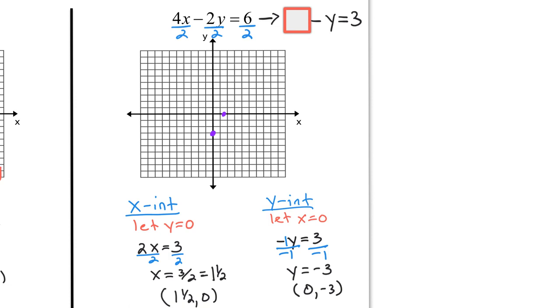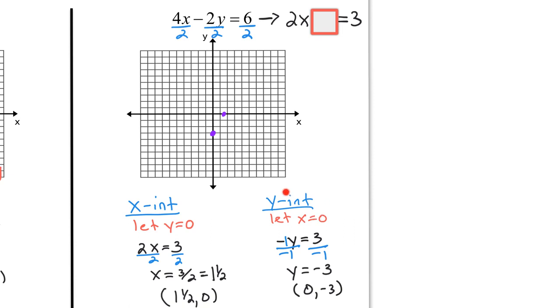So let me explain that again. Let me put the box on this side right here. So if you want to find the x-intercept, you are going to cover up the y because eventually that's going to be 0. So you just cover up the y like this. And whatever you have, you can write it down. In this case, we have 2x equal to 3. There it is, and you solve for x.